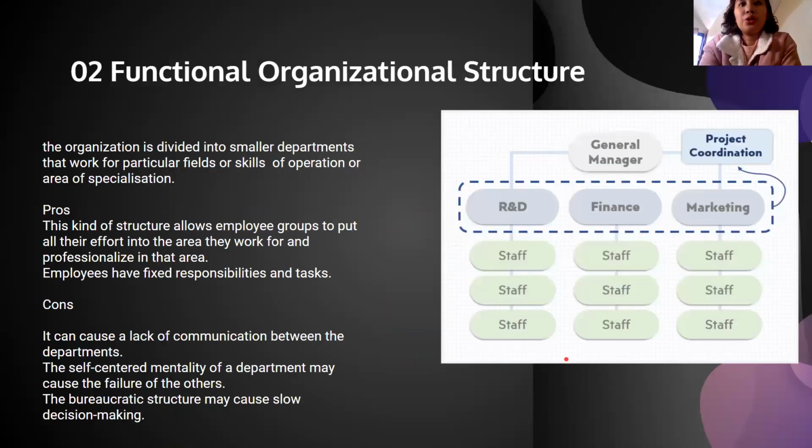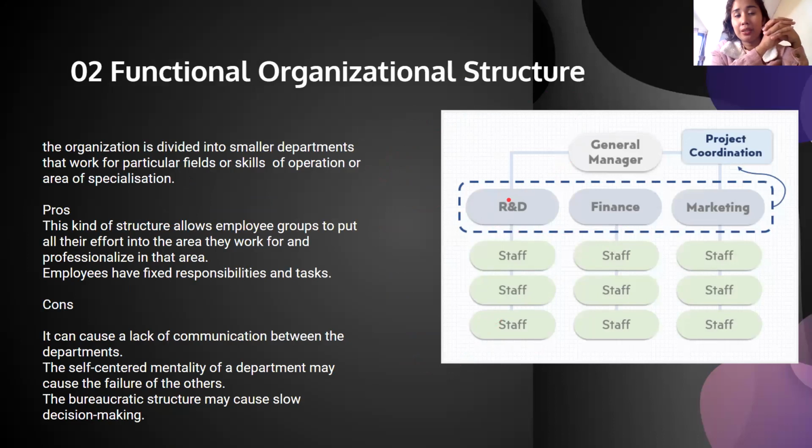Okay. So, now, next, we have functional organizational structure. So, the people are organized based on their functions or their area of specialization. Okay? So, ang specific na nito. So, your organization, they are separated.